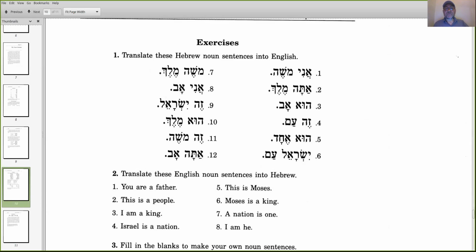So let's look at the first one we have here. We have Ani Moshe. Okay, so we're going to translate these sentences. I am Moses, because we know that Ani is I and Moshe is Moses, right? How about number 2? Ata Melech.